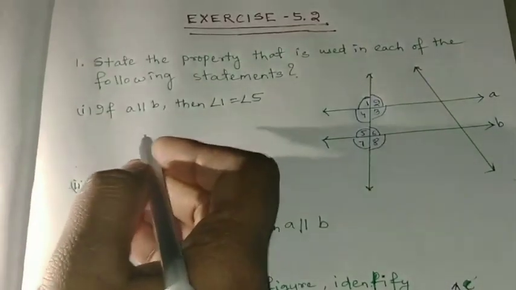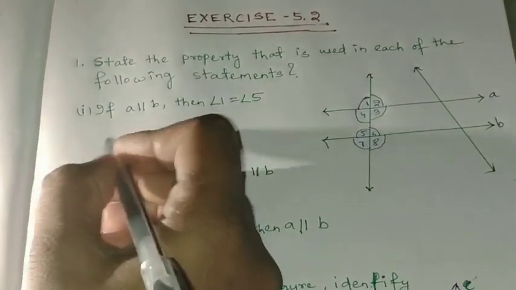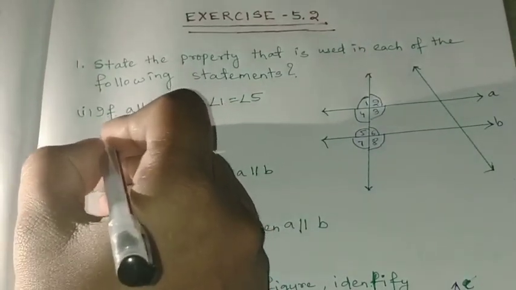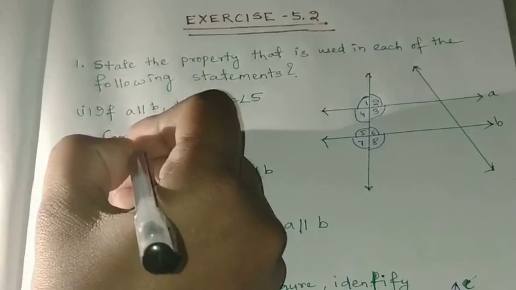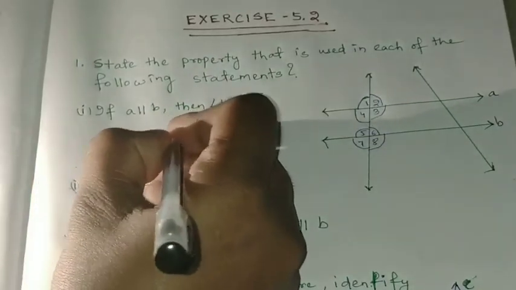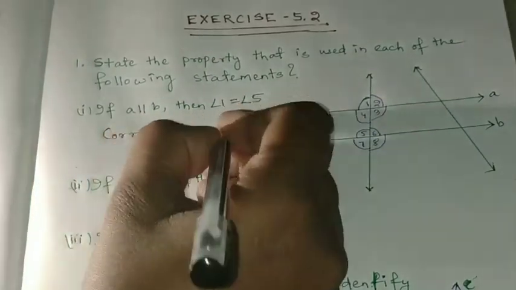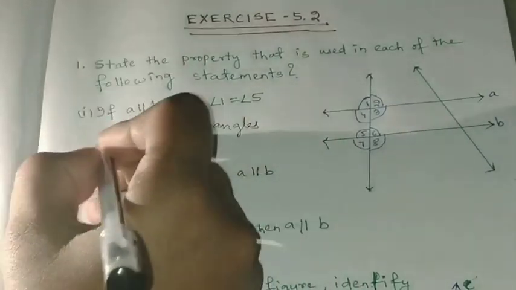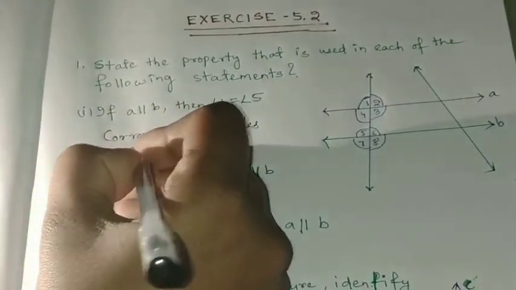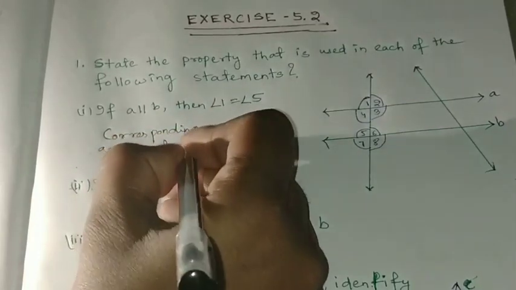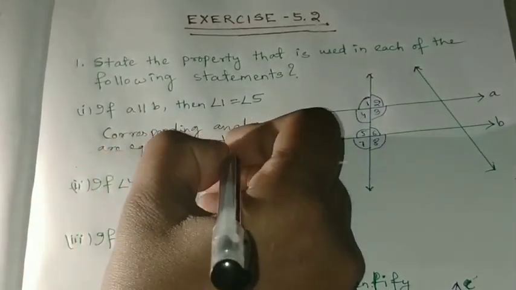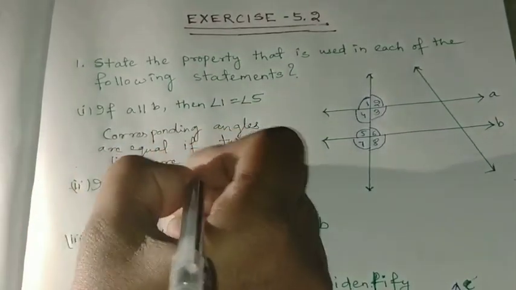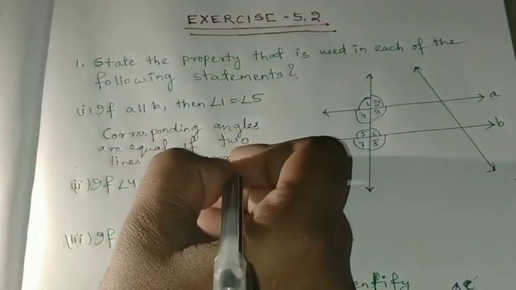You can write: corresponding angles are equal if two lines are parallel.